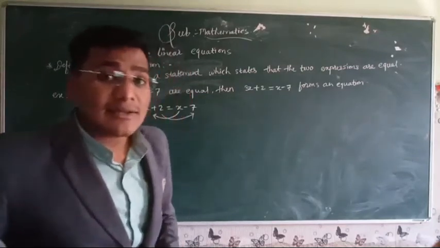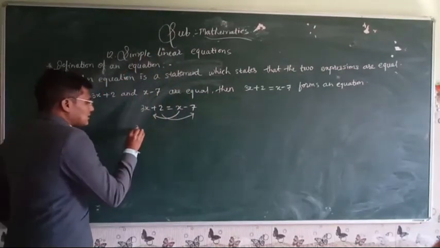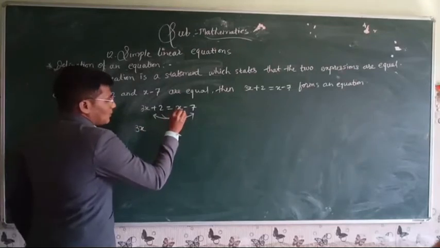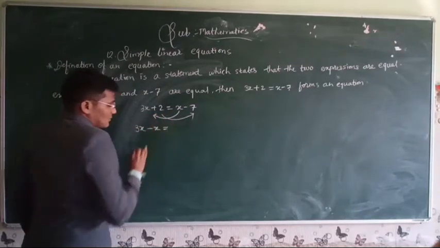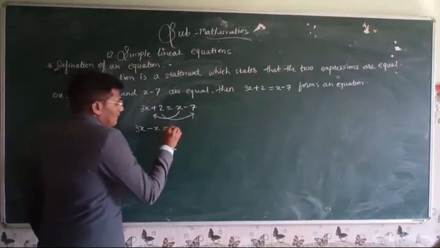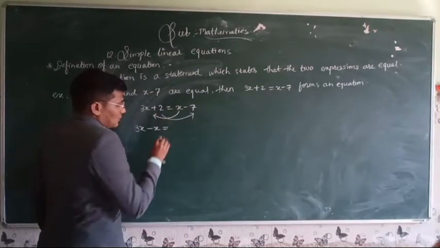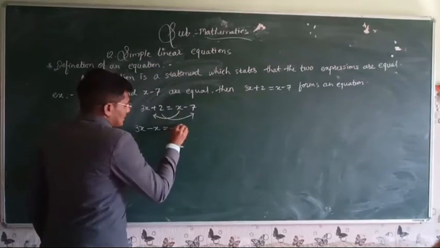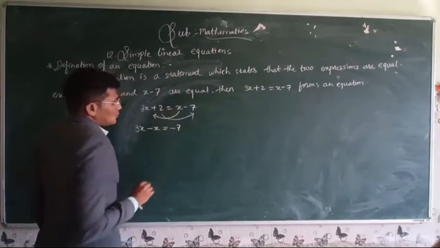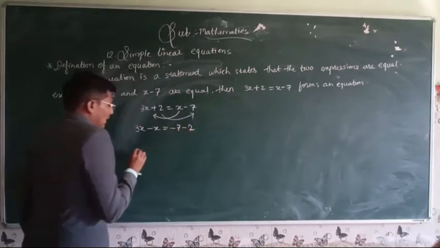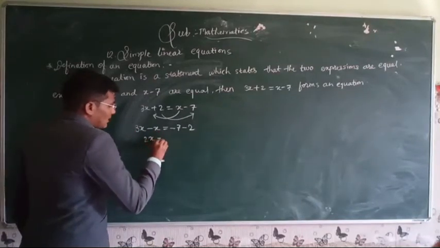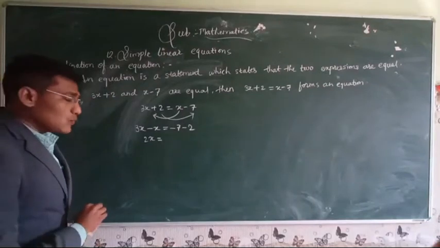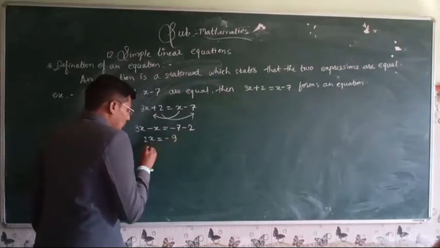So 3x minus x on the LHS, the equals sign stays as is, and on the RHS minus 7 stays as it is while positive 2 becomes negative 2. Hence 3x minus x is 2x, while minus 7 minus 2 is minus 9.